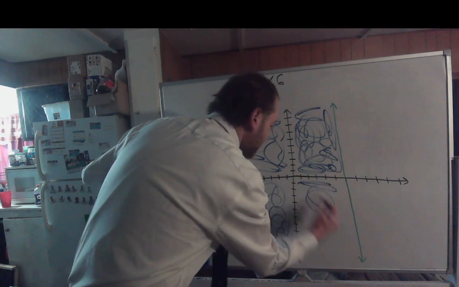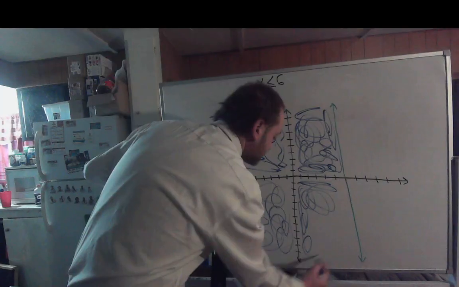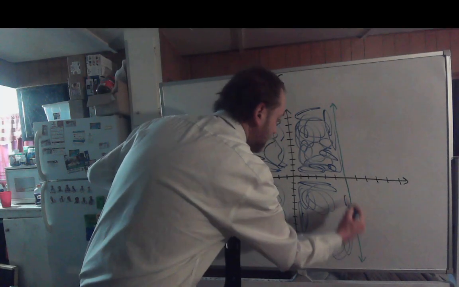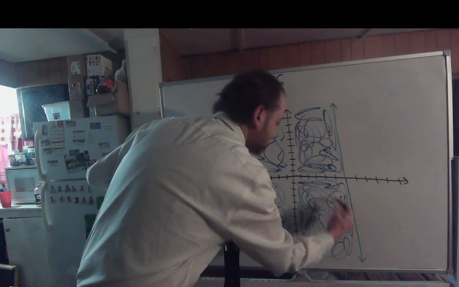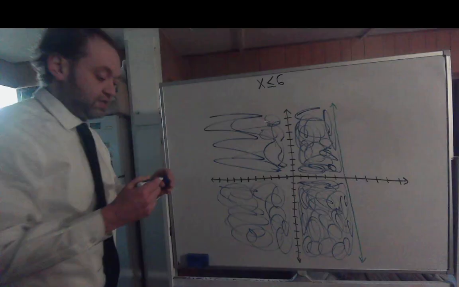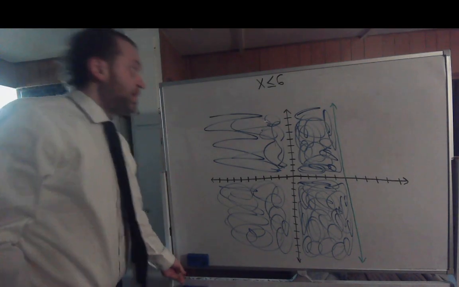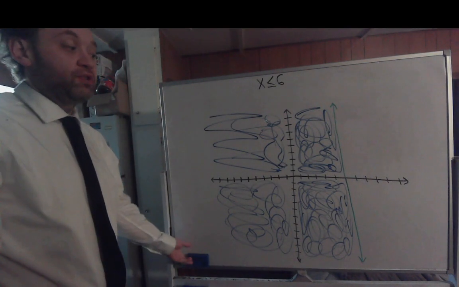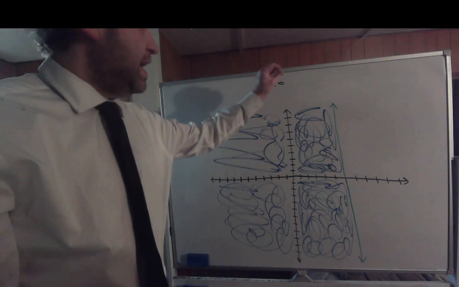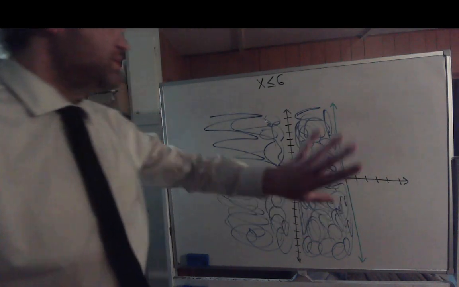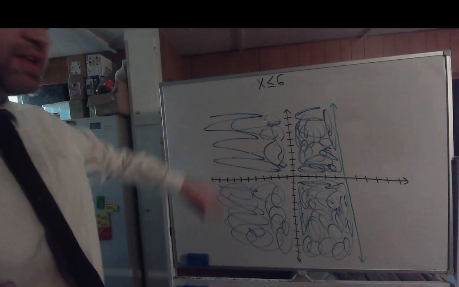So you would shade everything to the left of x equals 6, to denote that everywhere to the left of x equals 6 also is part of the solution. So that's what the graph of x is less than or equal to 6 would look like. It would be a solid line at x equals 6 and then shade everything to the left of that.